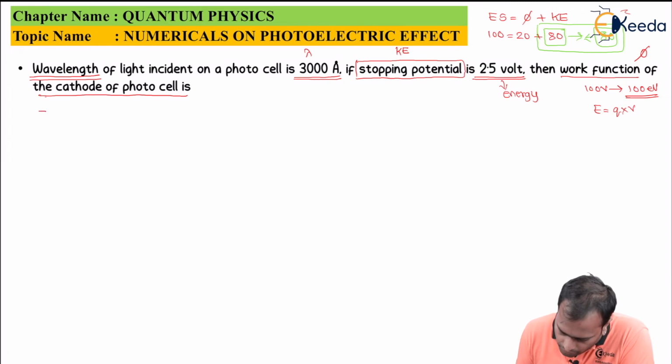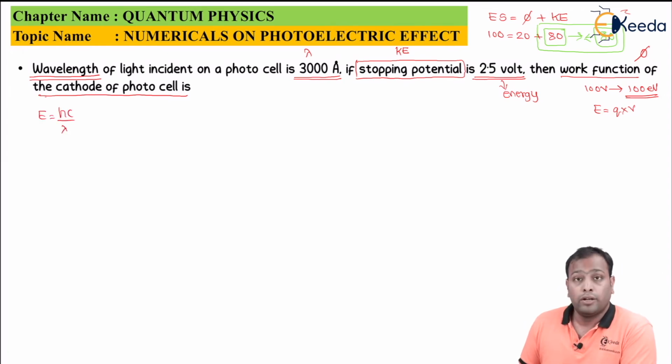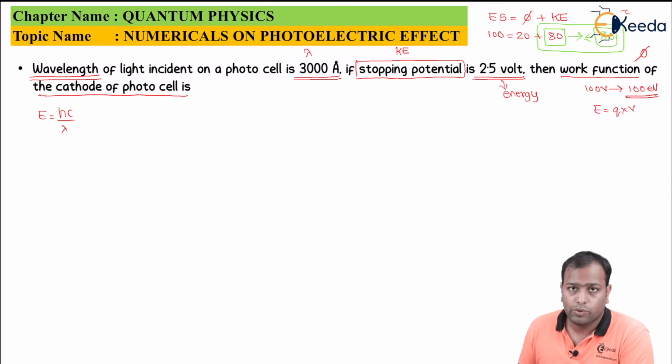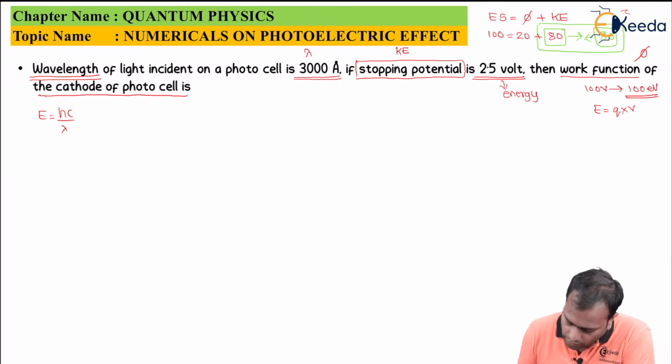Using the formula, E equals hc by lambda. Using the same analysis that we did in the previous question, we know that we need to find out the work function, which is expressed in terms of eV, and thus we also need to find out the energy in terms of electron volt. Therefore, I would be dividing this by e in the very first step.